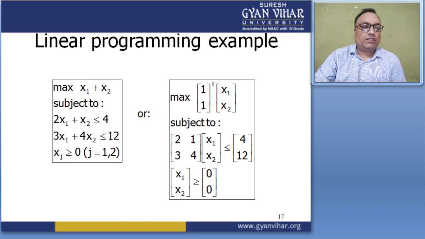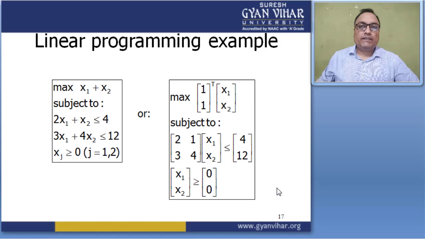Here this problem is converted into matrix form: you can write the matrix 2 1, 3 4 times x1, x2 less than or equal to 4, 12, with x1, x2 greater than or equal to 0, 0.